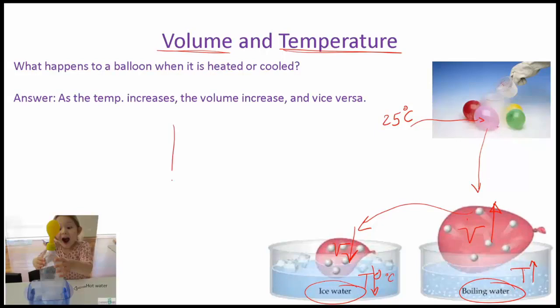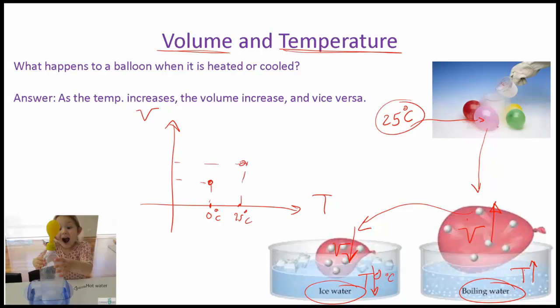If we make a relation between, let's say, volume and temperature, at 0 degrees Celsius we will take a point here. And then at, let's say, 25 degrees Celsius, I will take another point here.